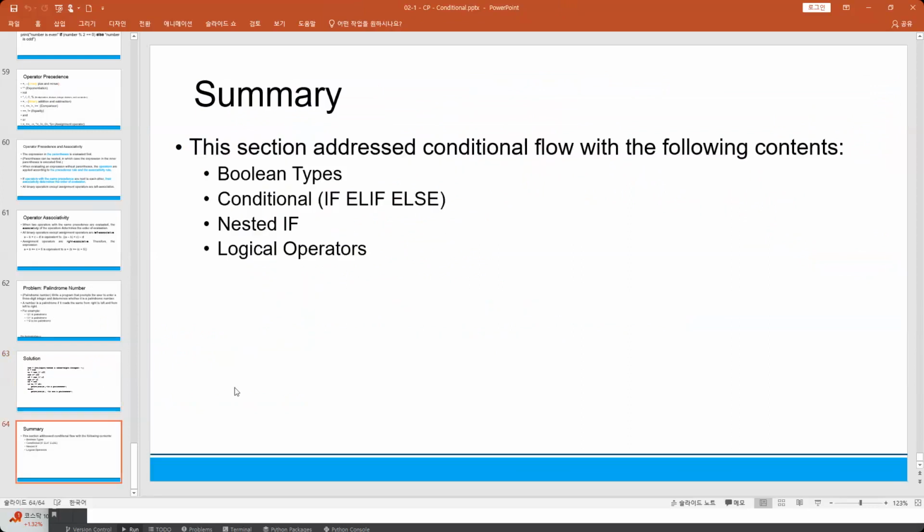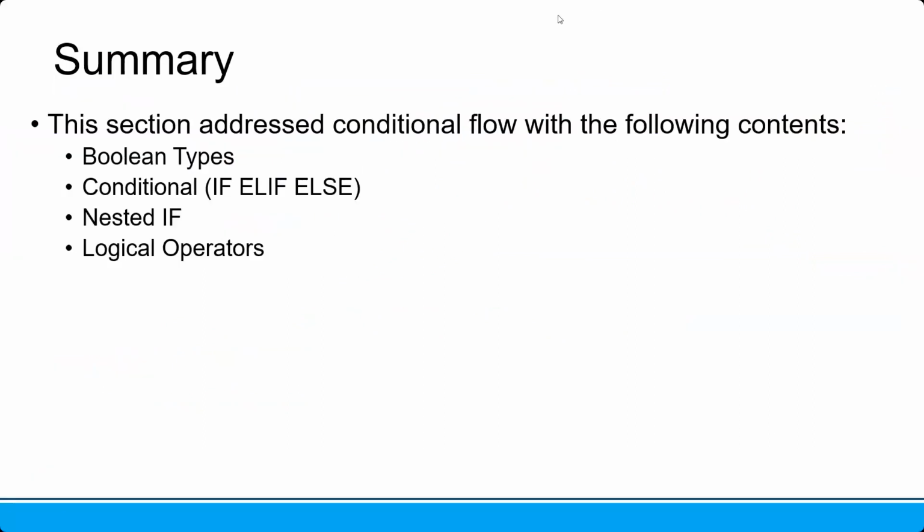Okay, so we learned about this condition. We call this the condition, or sometimes the selection. We learned about the Boolean types, true or false, and then conditionals, which are if, else if, and else.